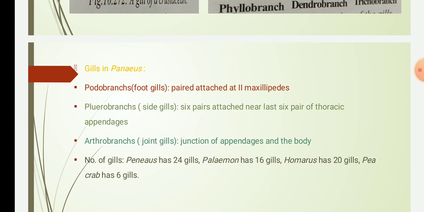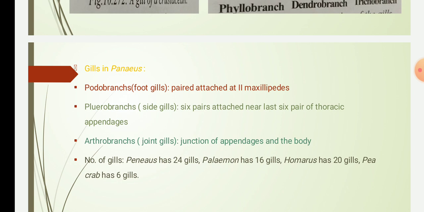The first one is Podobranch, the foot gills. This type of gill is attached to the coxa of the appendages, and Penaeus has one pair of podobranchs attached to the second maxillipeds.